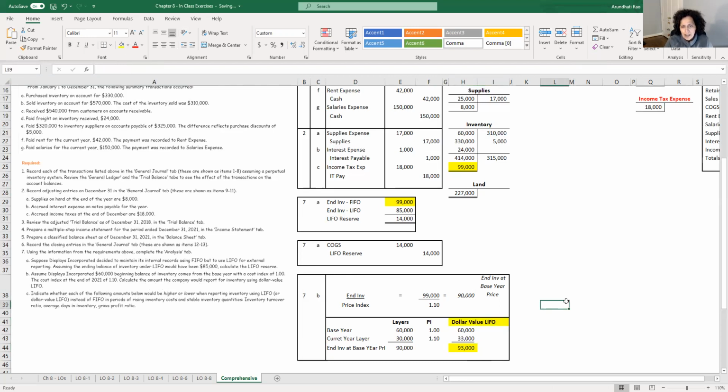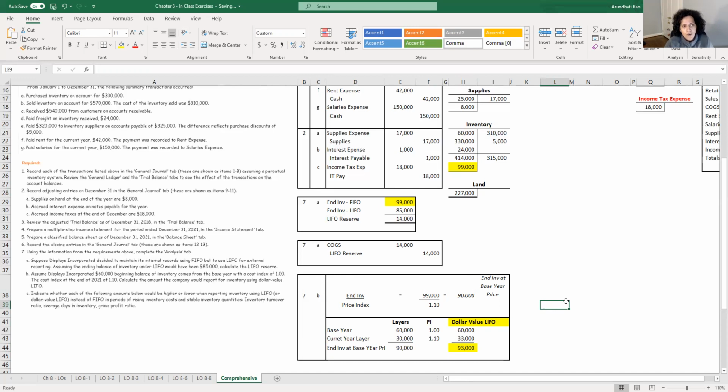So once again, a majority of the information is presented to you. In this chapter, we don't have to do any calculations to figure out anything beyond what we have done. You're just plugging numbers in the correct place. So to start with, again, make sure you are familiar with all the journal entries using the perpetual method as well as the periodic method. Companies, a majority of them use the perpetual method.